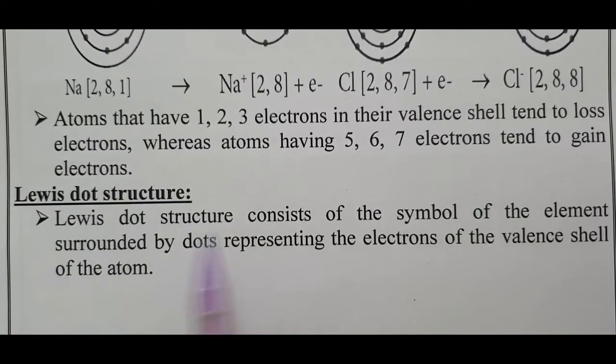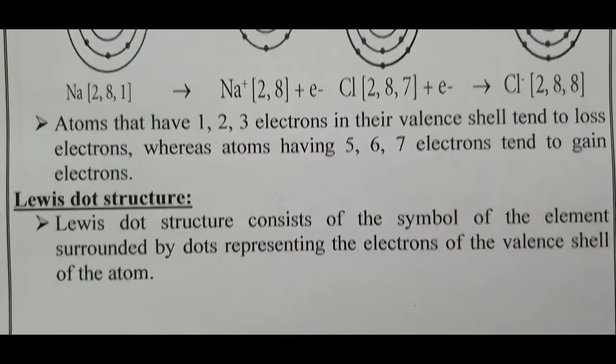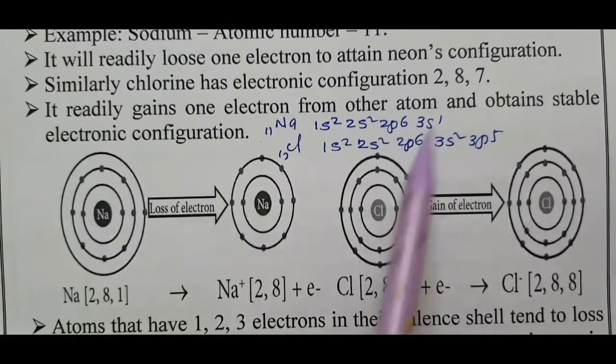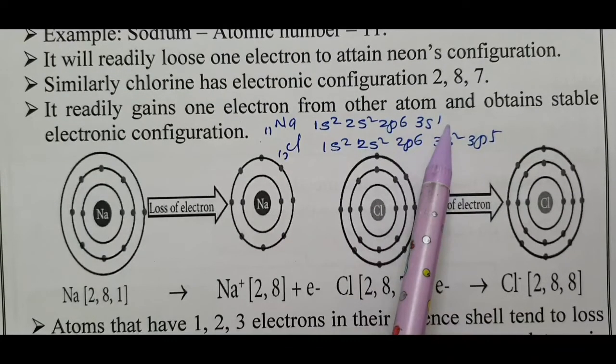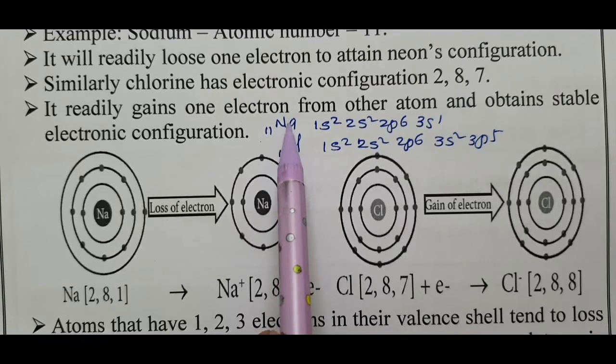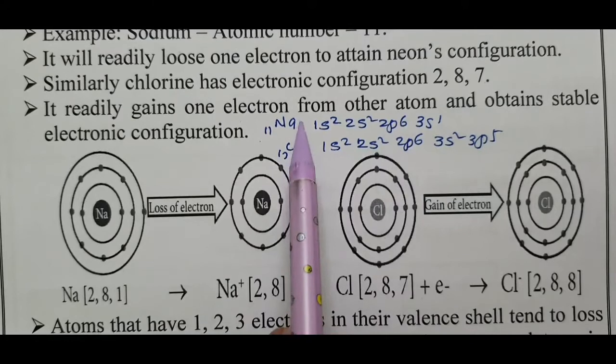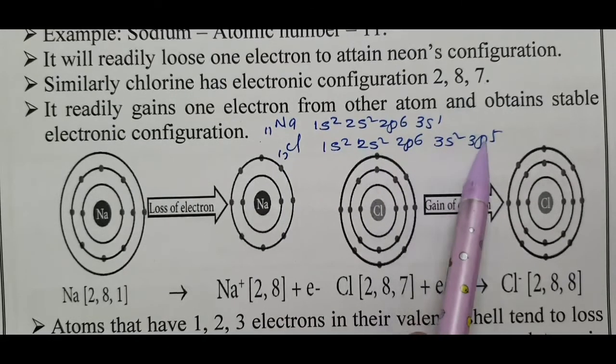Lewis dot structure. Lewis dot structure consists of the symbol of the element surrounded by dots representing the electrons of the valency cell of the atom. So, in the case of sodium, the valency cell contains only 1 electron. Therefore, we have to write the symbol of sodium, Na, and near the sodium symbol, we have to put 1 electron. Chlorine, valence electrons 7.